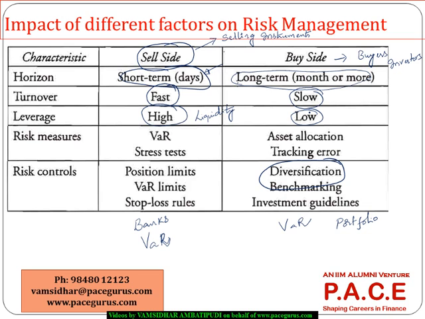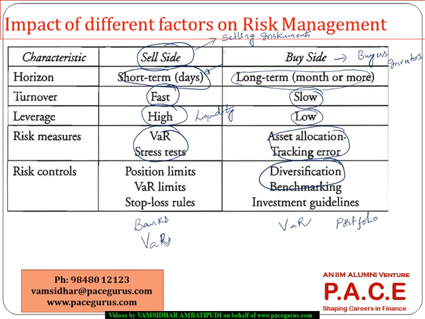So the leverage is slightly lower from a buyer's standpoint. The normal risk measures that the sell side goes with are value at risk and stress testing, which have been the traditional risk management approaches.